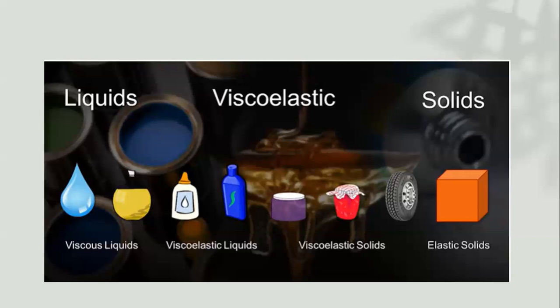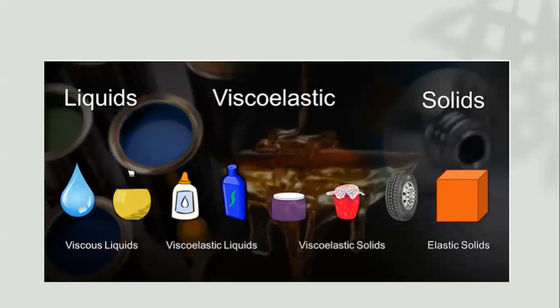Nearly every material is made up of a viscous portion and an elastic portion. Every type of material which we encounter in life basically consists of these two things, a viscous portion and an elastic portion.